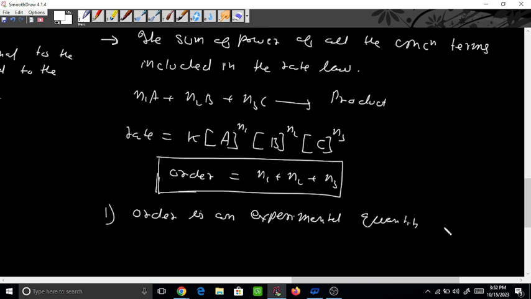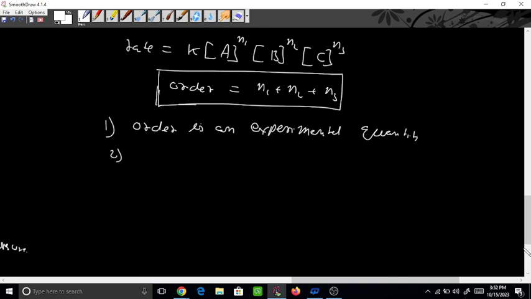Then it can be fractional, zero, negative. Molecularity cannot be fractional or negative, but order can be fractional, zero or negative. There can be a one, two or three marks question: differentiate between order and molecularity. So you need to remember this.